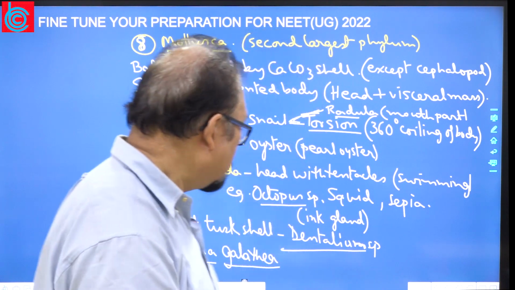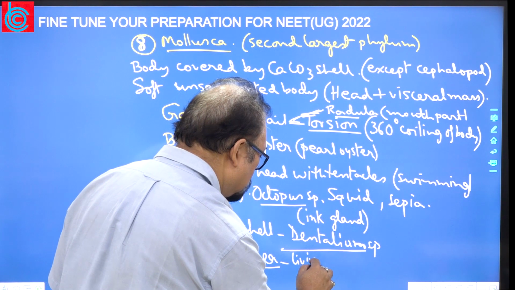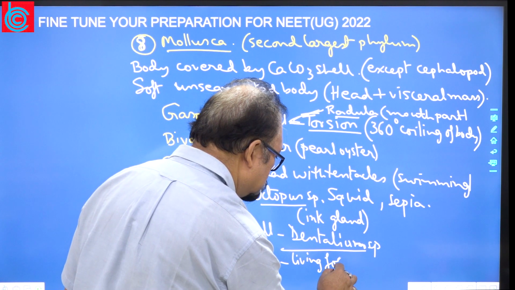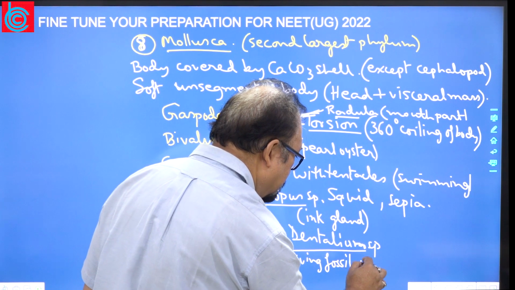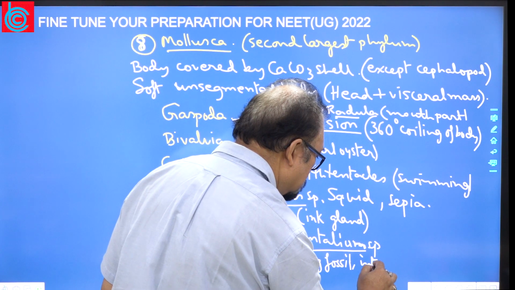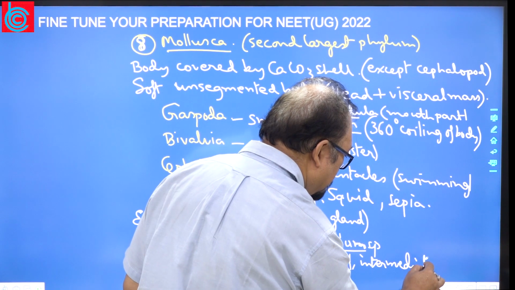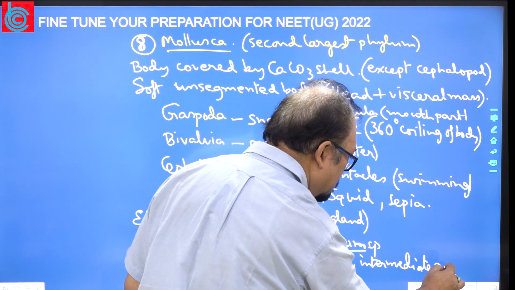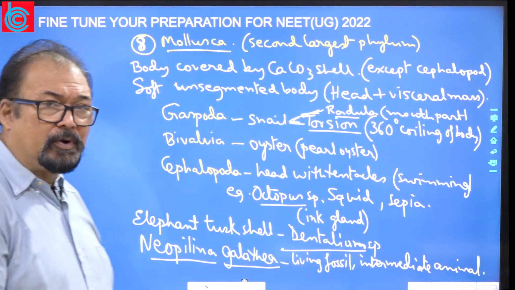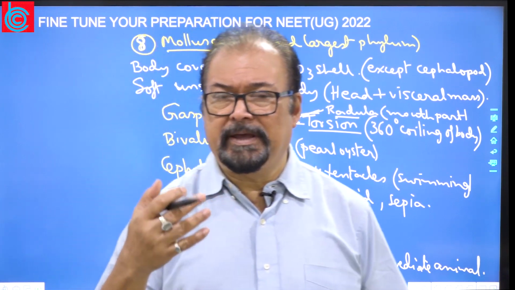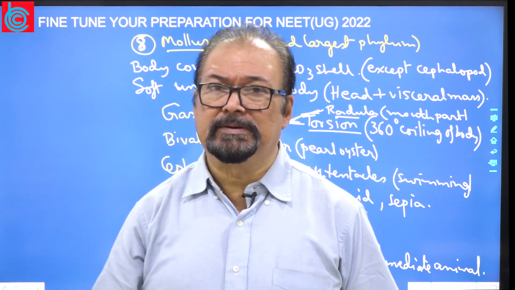So from the evolution part also, Neopilina galathea may come. It proves that from Annelida evolved Mollusca.